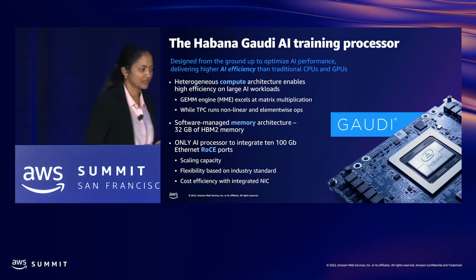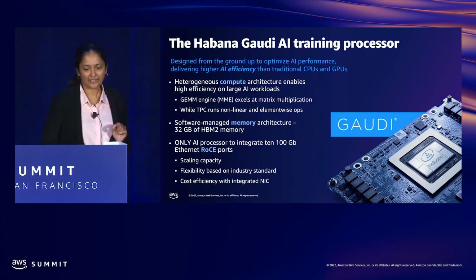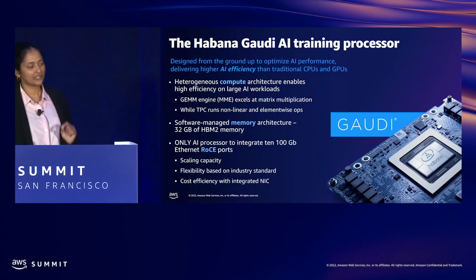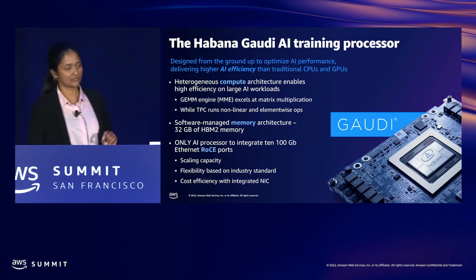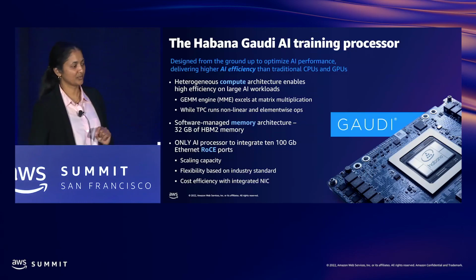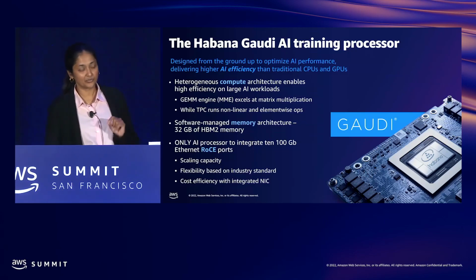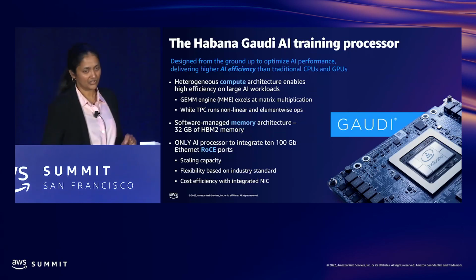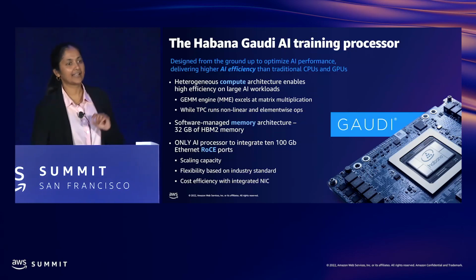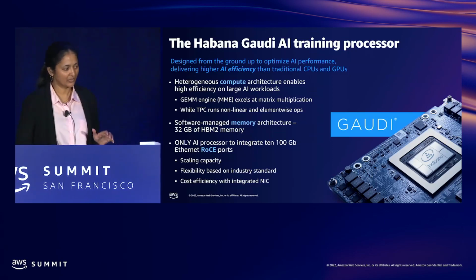Gaudi is a purpose-built AI training accelerator built by Habana with the sole purpose of accelerating and improving training efficiency for deep learning neural networks. It's built from the ground up specifically for this purpose, and it's different from general purpose GPUs and CPUs. It has a heterogeneous compute architecture, and it has a GEMM engine for accelerating your matrix math operations.